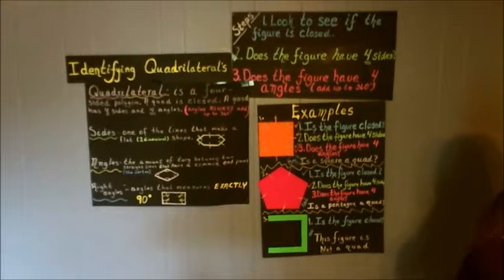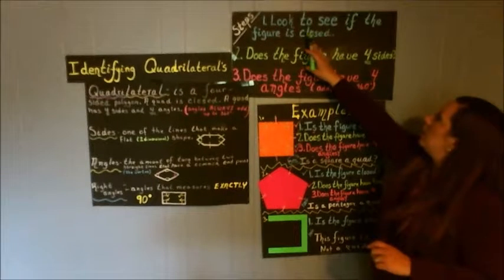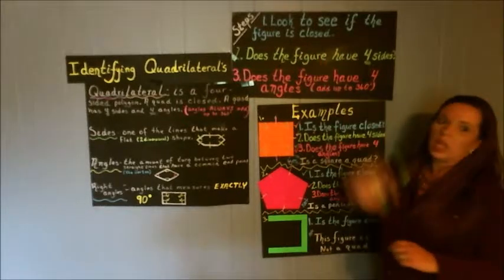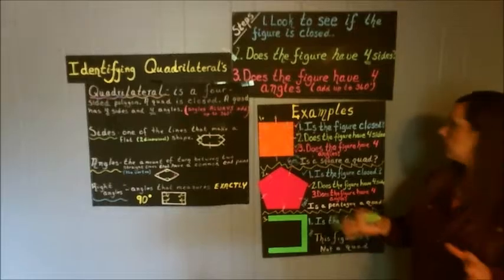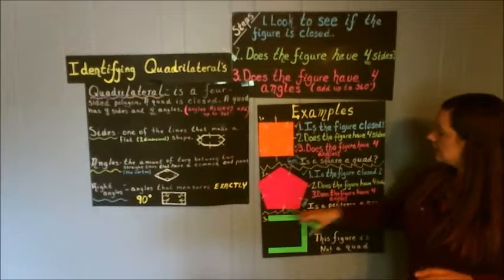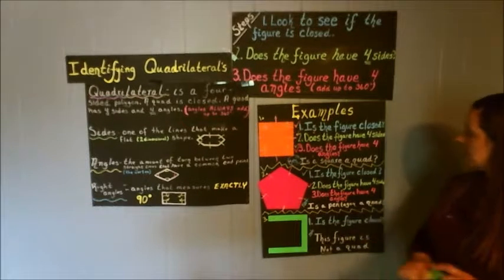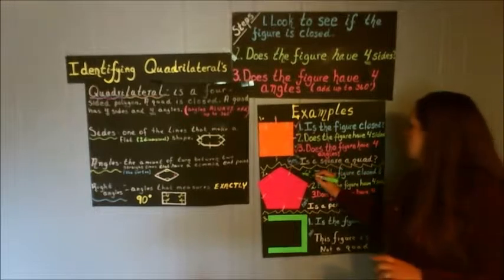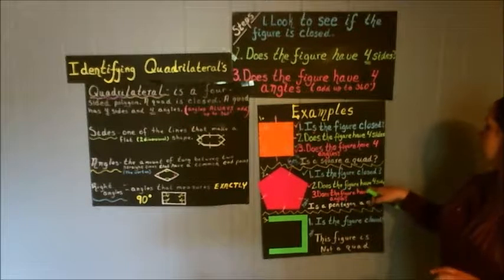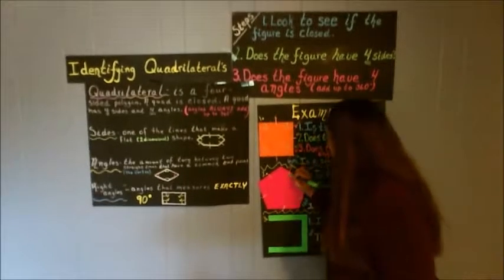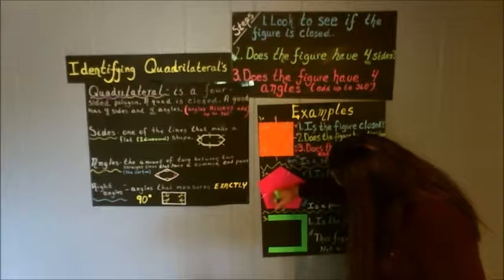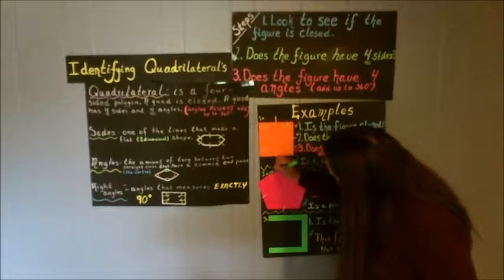All right, let's go to example number 2. We have a pentagon. Our first step, look to see if the figure is closed. Is our pentagon complete? Is it closed? Yes. It's not missing any of its sides. So we go to step number 2. Does the figure have four sides? All right, let's count. 1, 2, 3, 4, 5.